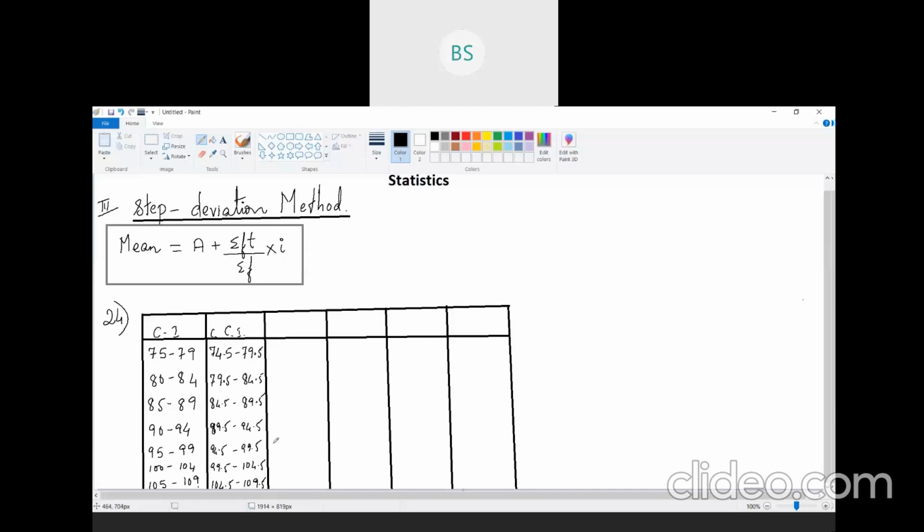Okay, so once we find the continuous class intervals, we have to find the class mark. So class mark is denoted as x. To calculate the class mark, the sum of upper and lower limit divided by 2.